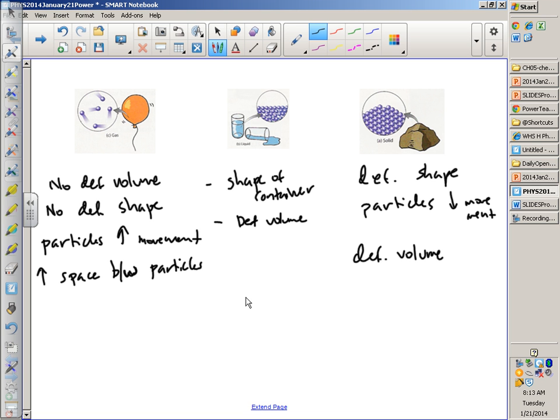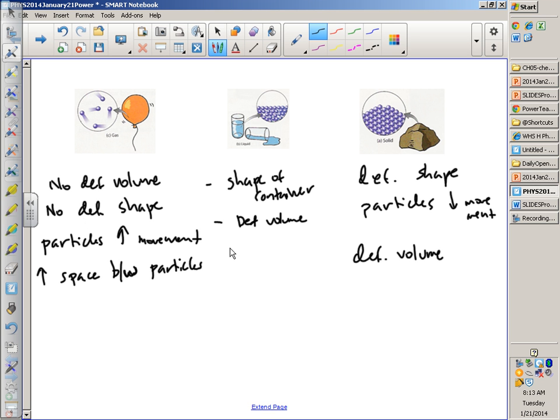We should probably make the bridge here. If solids have not very much movement and gases have a whole bunch of movement, how much movement do particles in a liquid have? Logically, it would be somewhere in the middle.